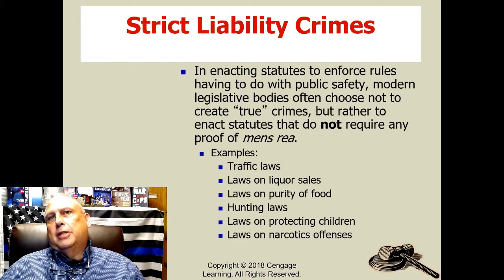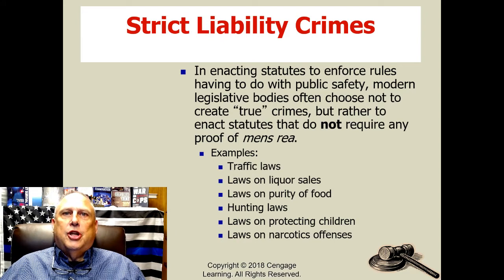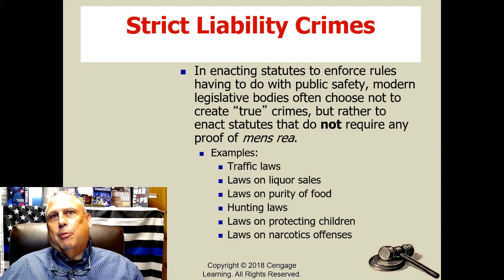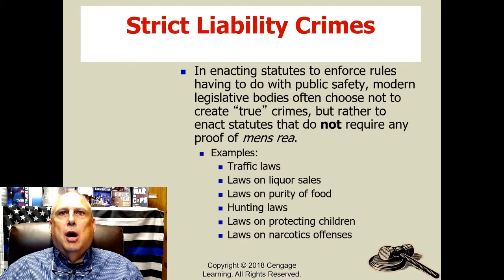So what that means is that if you get stopped for going 65 miles an hour in a 40 mile an hour zone, they do not have to prove that you knew that it was a 40 mile an hour zone. They don't have to prove that you had that intent to commit that crime. All they have to prove is that you were going over the speed limit at the time of the offense.